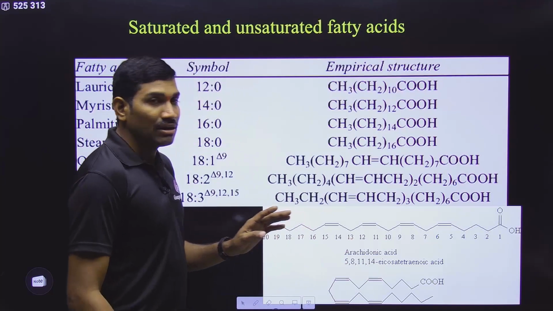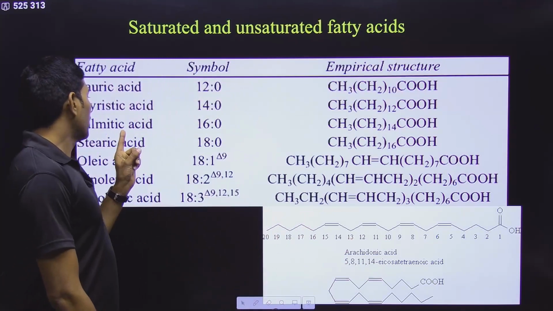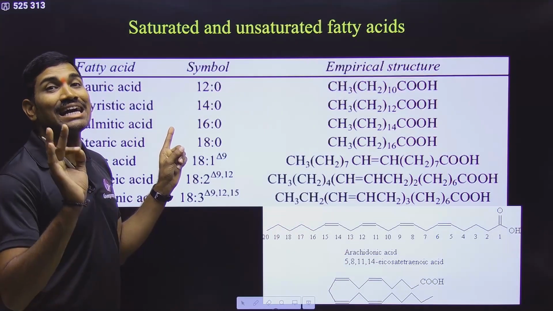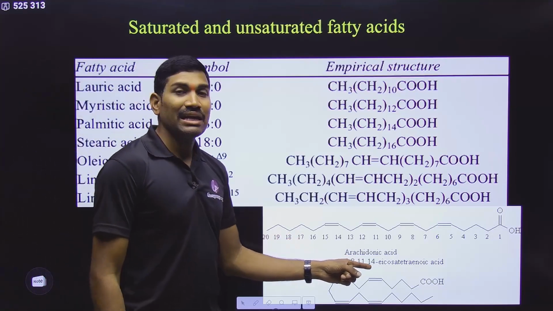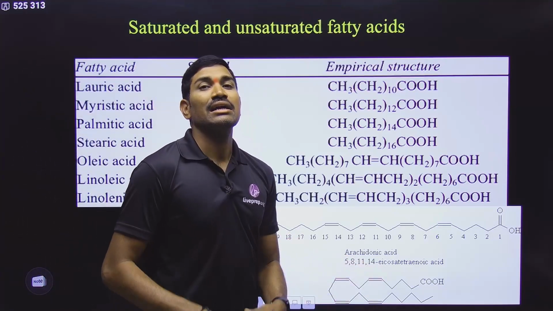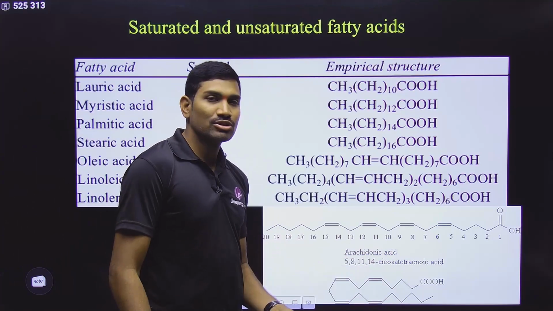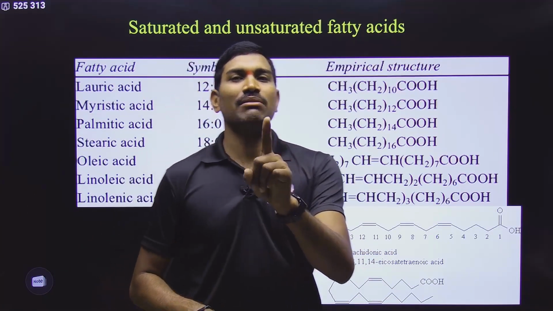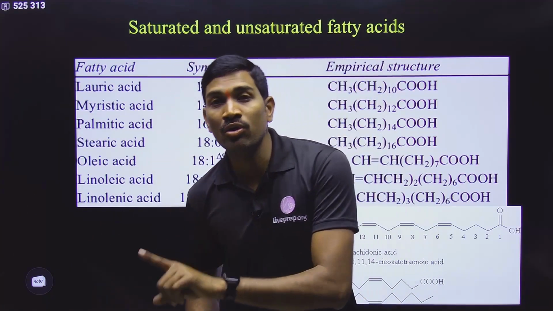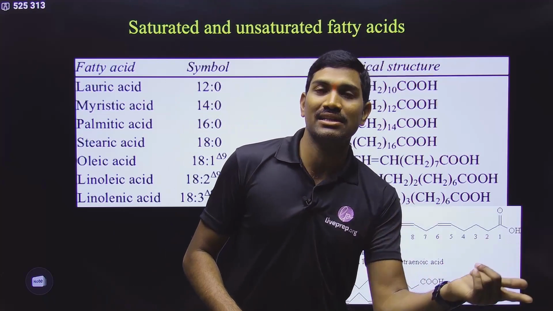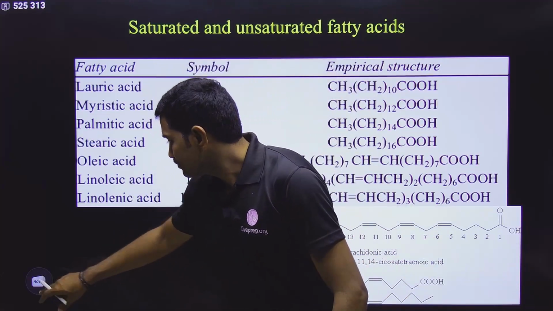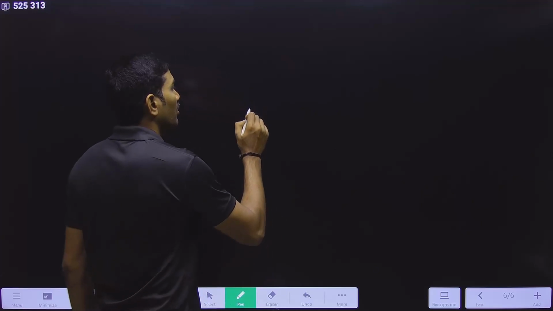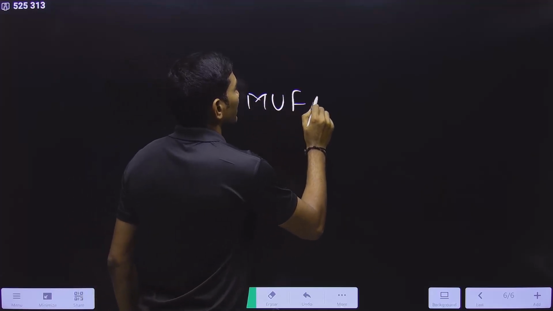As per NCERT, palmitic acid is a saturated fatty acid because there are no double or triple bonds. But arachidonic acid has double bonds. If only one double bond is there in the structure, it is called a monounsaturated fatty acid.